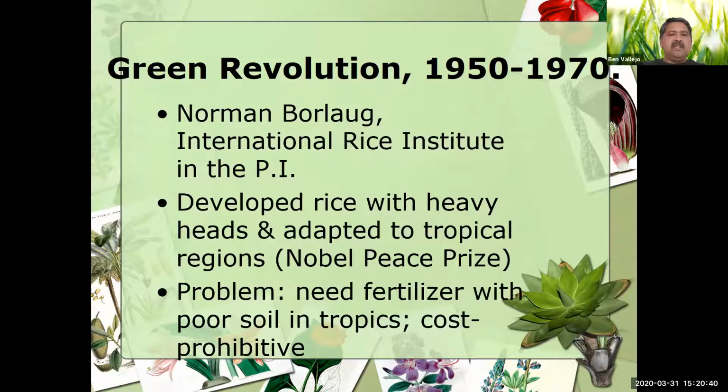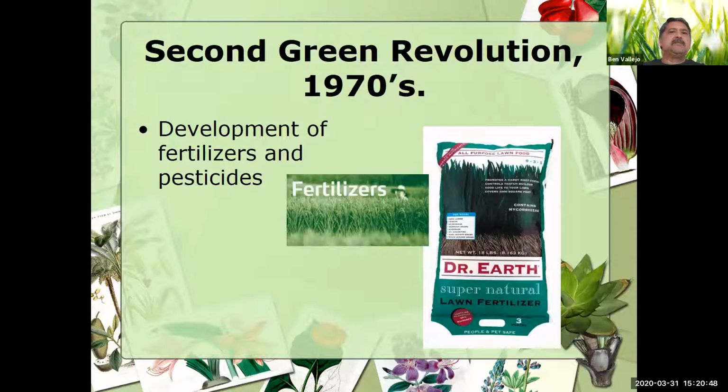So you need fertilizer with the poor soil in the tropics, and most of these countries can't afford to buy that fertilizer, so it's cost prohibitive.